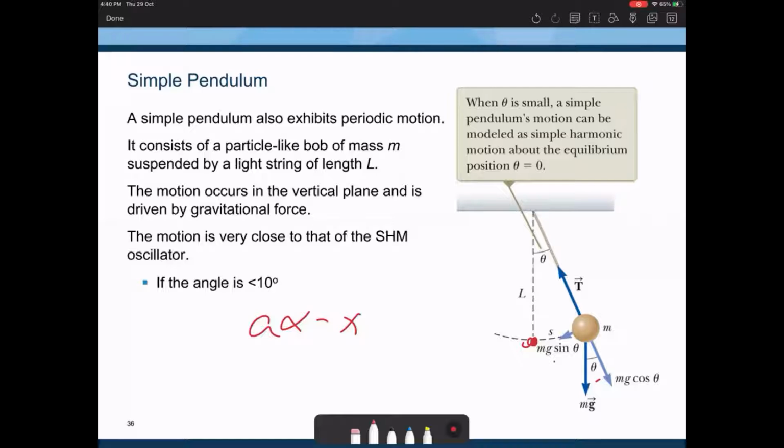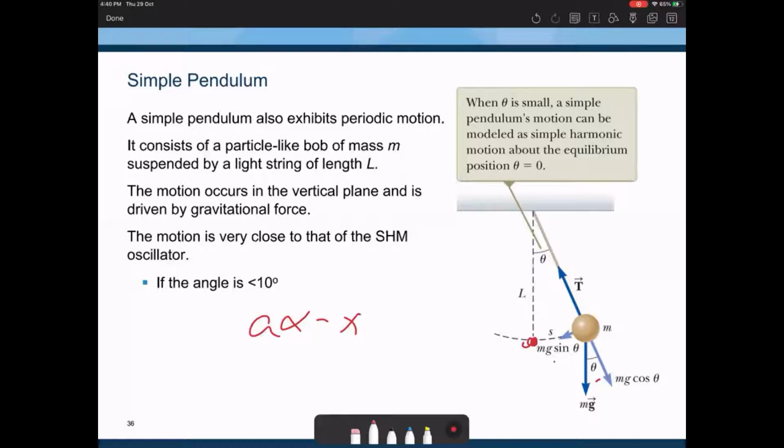And in the radial direction, you have the tension of the string as well as mg cosine theta. Ideally, mg cosine theta and T should cancel one another. Otherwise, the object would be accelerated along the string direction, either towards the hanging point or away from it, which does not happen.